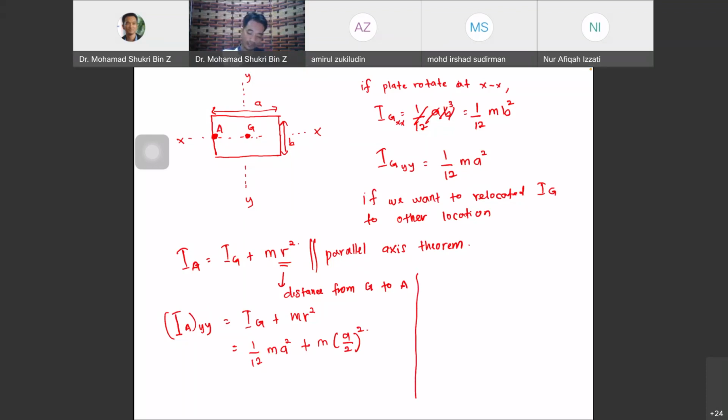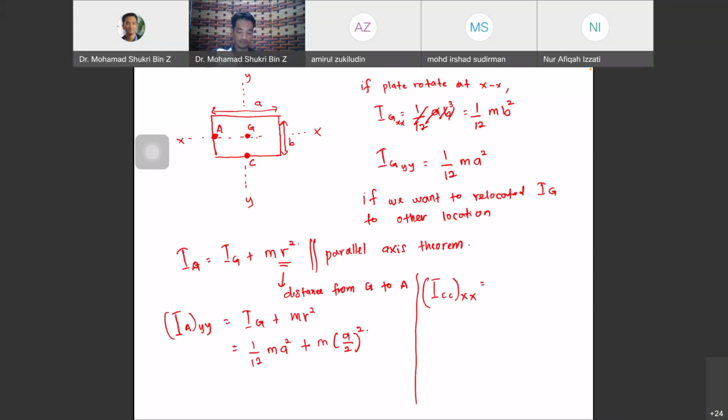Let's say I want to find IC, let's say this is C. Find IC XX.